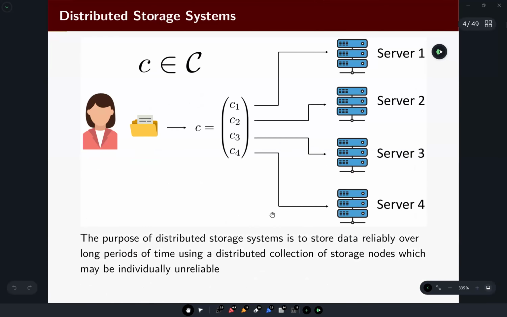First things first, what is a distributed storage system? The purpose of a distributed storage system is to store data. The idea is that we want to split our information between several servers, and we want our storage system to be reliable. What does it mean? It means that we want to be sure that we can access data even if one or more servers might fail, might collude, or might not be available.